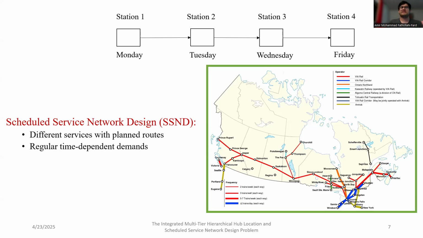Using the scheduled services where there are planned routes, we can satisfy time-dependent demands. Where the demands have a time window, we have a time window for its pickup from the origin, and there is also a time window to deliver it to the destination.